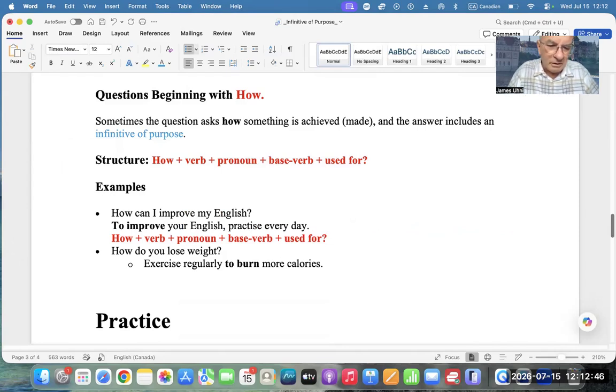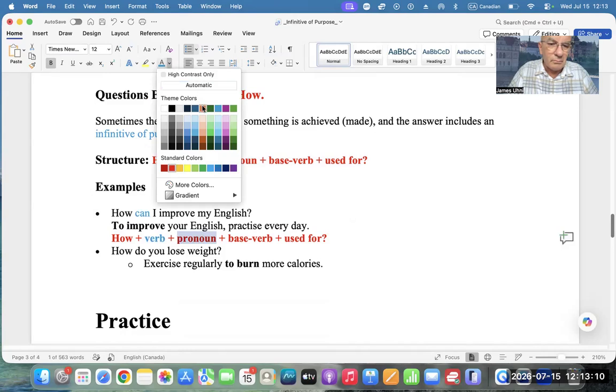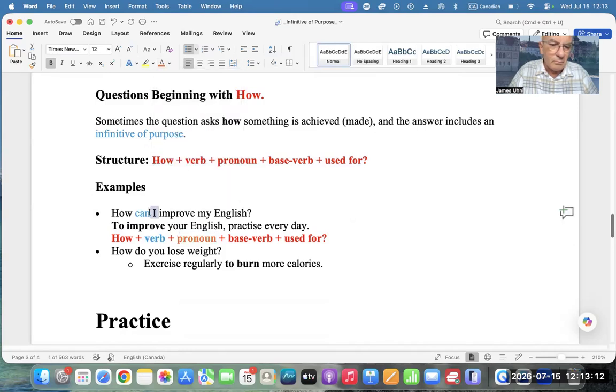Okay, let's leave it as it is. How is red. Can is verb. So let's make it blue, since we have blue already. Pronoun. Let's make pronoun orange. Plus base verb.